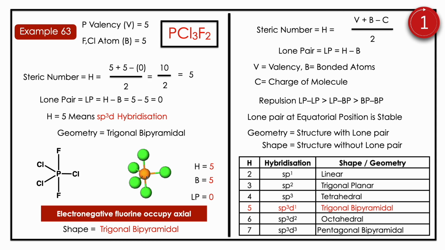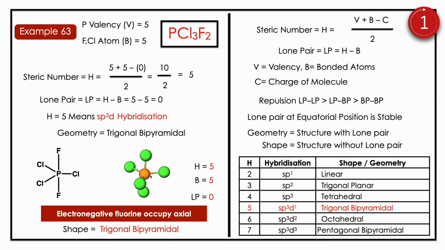Then the last and very important one, a mixture of bonded atoms. Here phosphorus is the central metal atom. Bonded atoms are fluorine and chlorine, which gives 5. So steric number will be H equals (5 plus 5) by 2, meaning 10 by 2 gives 5. So lone pair will be H minus 5, which is 5 minus 5, 0. H5 means sp3d hybridization.